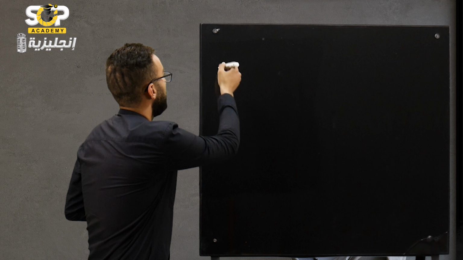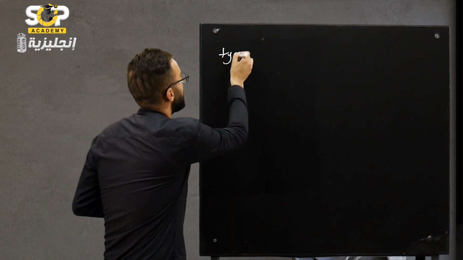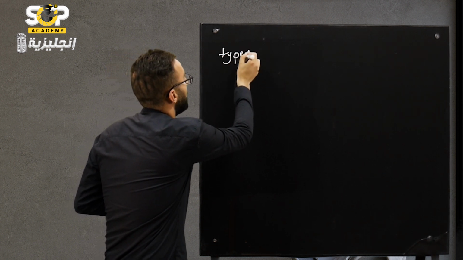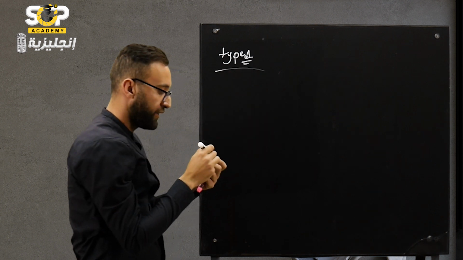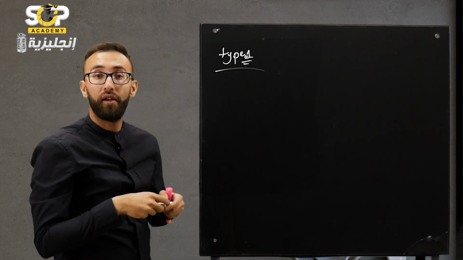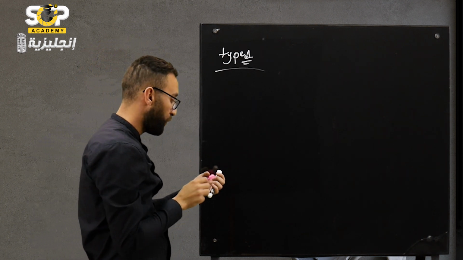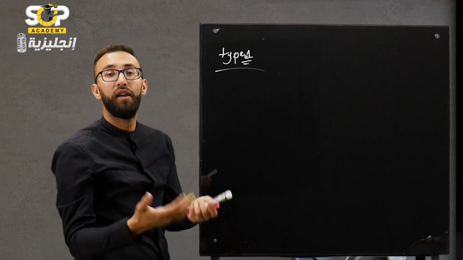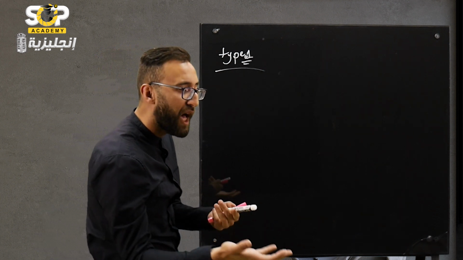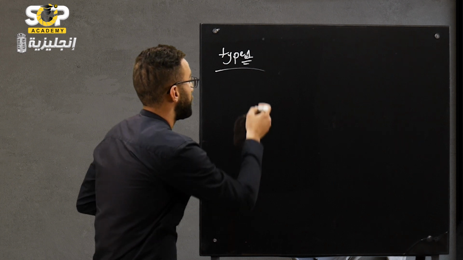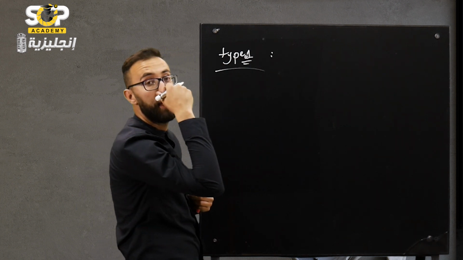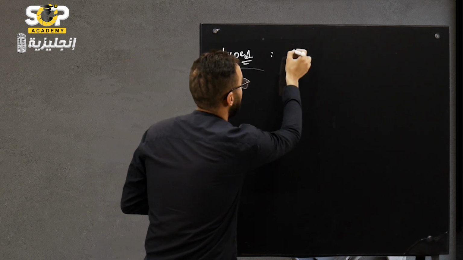The conditional type 1 now. Conditional type 1 takes part when we talk about things that may or can happen in the future.